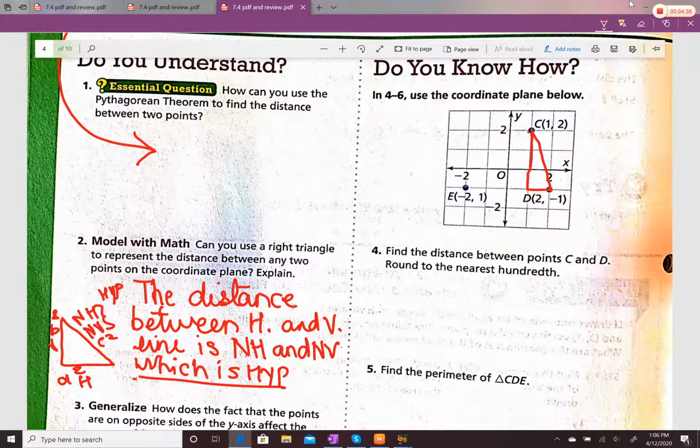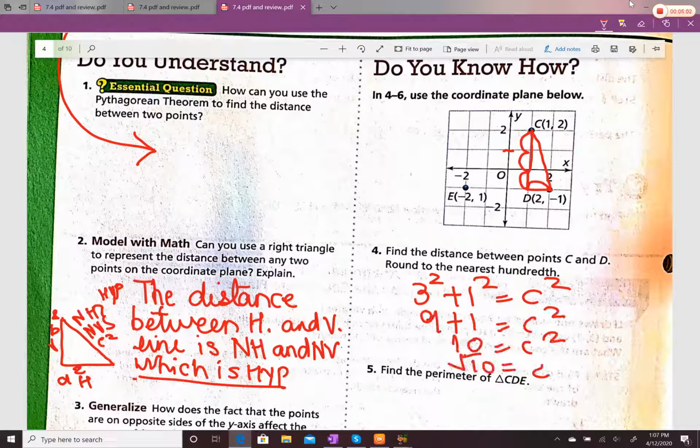So 3 square plus 1 square is equal to c square. So 9 plus 1 is equal to c square. So 10 equals c square. So radical 10 is equal to c. And what is radical 10 equal to? c equals 3.16. Okay, so that is it.